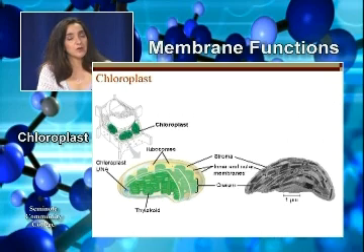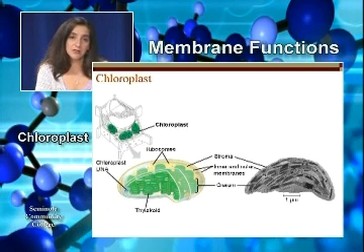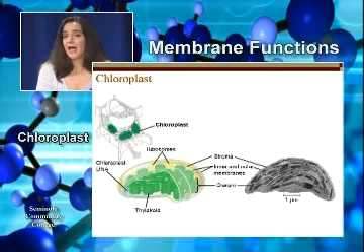Something else about the chloroplast that they share with the mitochondrion is that they too contain their own DNA. They too contain their own ribosomes, and so they are capable of their own production to keep those enzymes prepared and fresh inside the chloroplast in order to do all of the work that they must do.